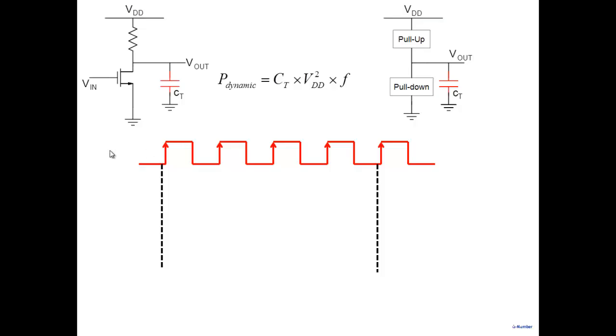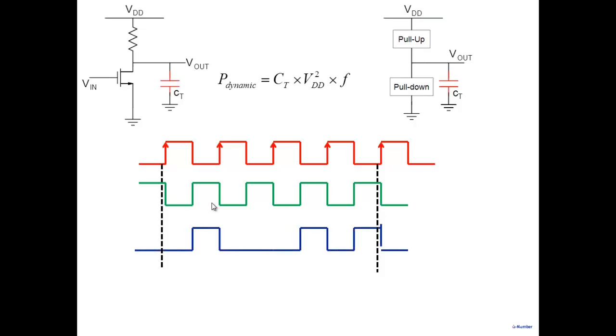It would be switching because I've applied a clock and there is some computation going on. In some cases, the node may be switching as rapidly as the clock. Nothing in general can switch more rapidly than the clock. So there may be a node which is switching as rapidly as the clock, and in this case, of course, that's the maximum power dissipation.